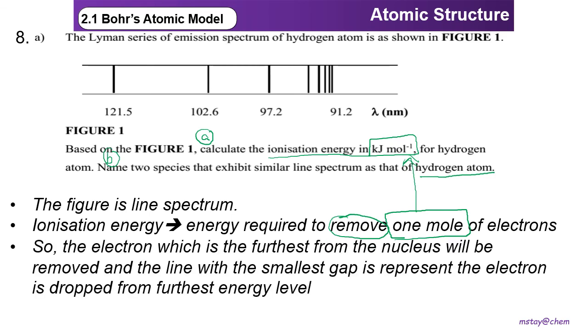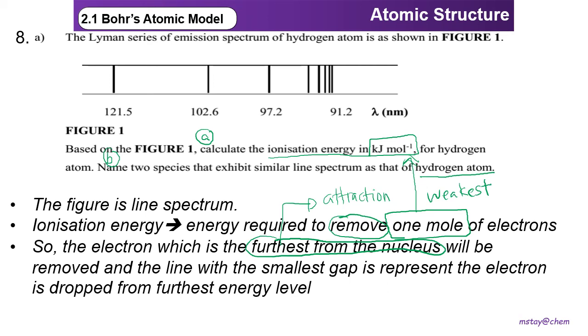Most of the time, we remove the electron which is the furthest from the nucleus. Why? Because the attraction towards the nucleus is the weakest, so it's the easiest for the electron to be removed.